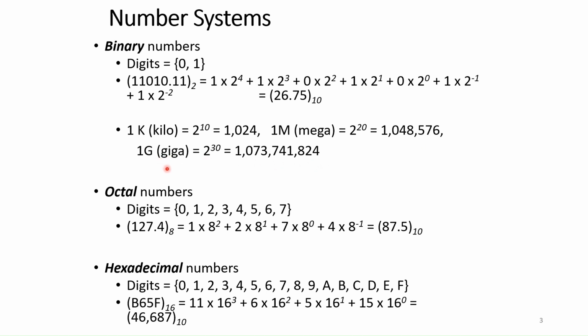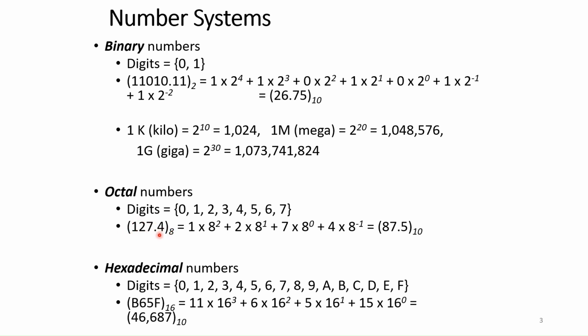So other number systems are also similar. In octal number system, the base is 8, and there are 8 digits starting from 0, 1, 2, 3, 4, 5, 6, 7. So for this number, if the subscript is given as 8, you know that this is an octal number. If no subscript is given, by default, it can be a decimal number also.